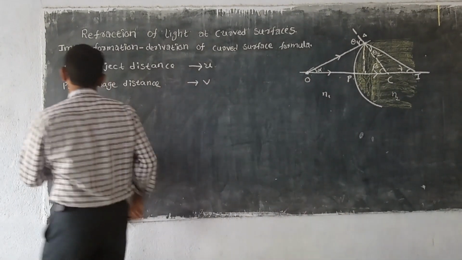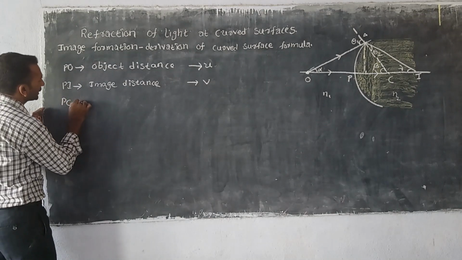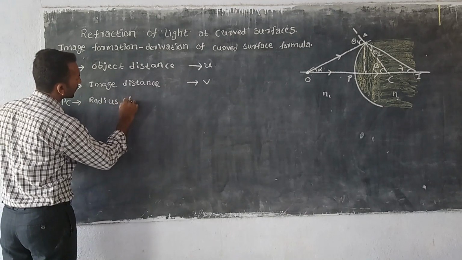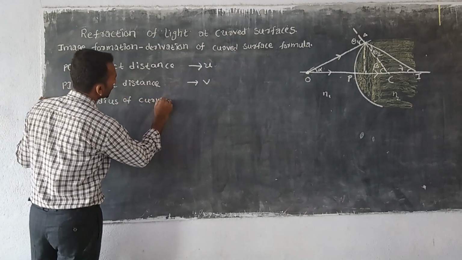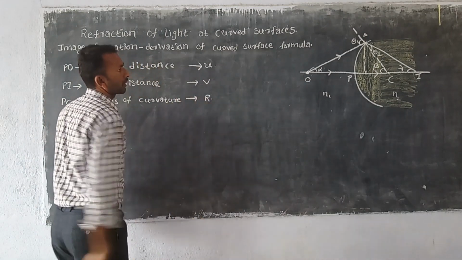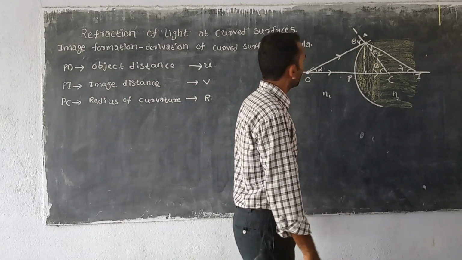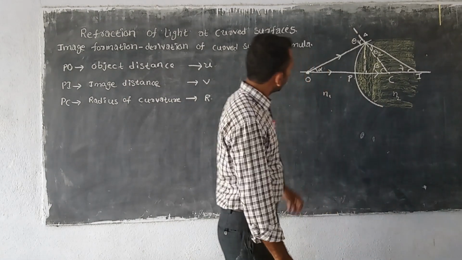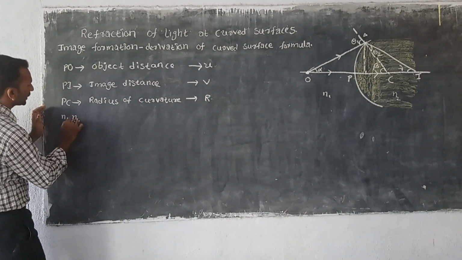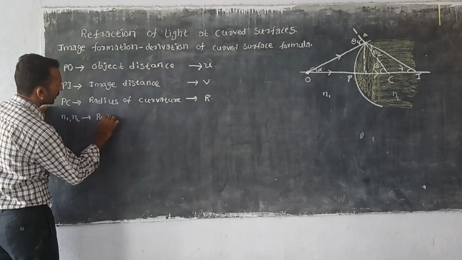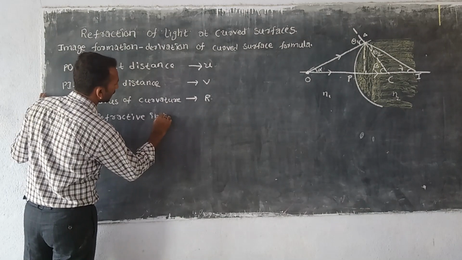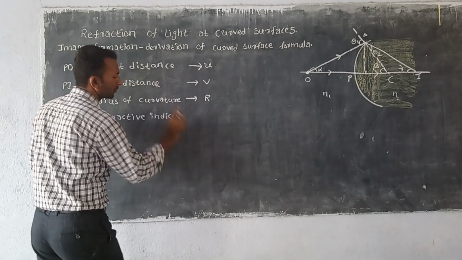PC is the radius of curvature, which is indicated by capital R. And n1 and n2 are both refractive indices.